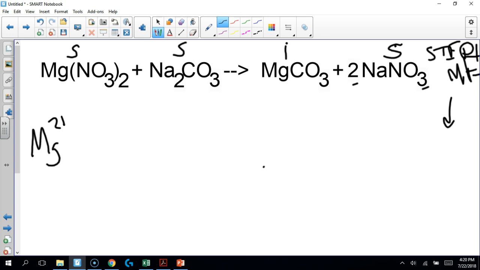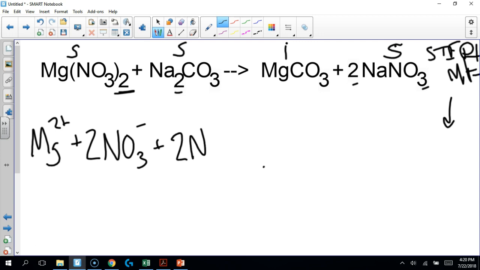So that's going to be Mg2 plus, and now look, we have 2 nitrates, 2 NO3s, so I'm going to put a coefficient there, 2 NO3 minus. Plus, look, there's 2 Na plus. And now this thing stays all together. It's a polyatomic ion. Plus CO3 2 minus.